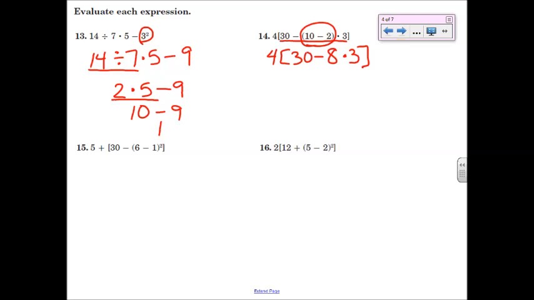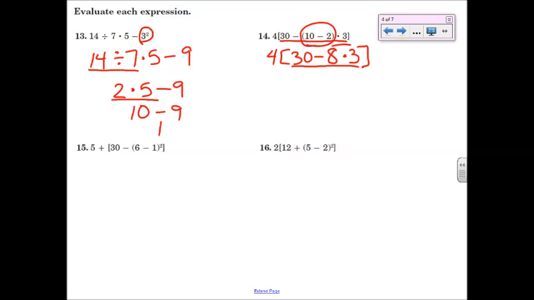Okay. And I still have parentheses, so I still need to do what's inside the parentheses first, and that's 30 minus 8 times 3. But again, inside the parentheses, I still have to do, please excuse my dear Aunt Sally. So inside the parentheses, I no longer have parentheses, and I don't have exponents, but I do have multiplication.